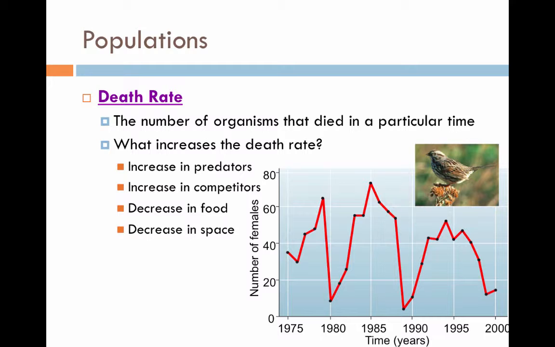What about space? If a part of a forest gets cut down, there's less space for the birds to live, and therefore there isn't room for all the birds to live, so some die, therefore the death rate increases. So a variety of things could possibly increase the death rate. When a population drops, it's because the death rate usually has increased.